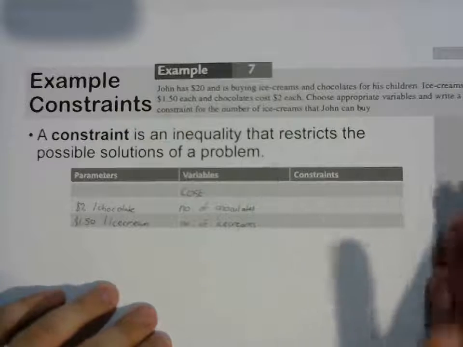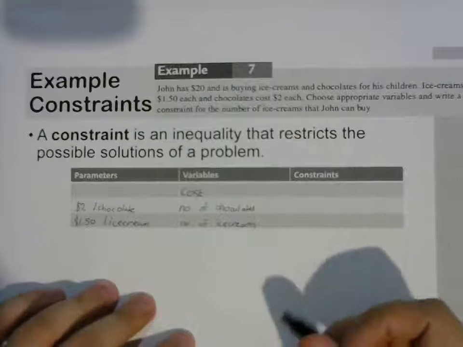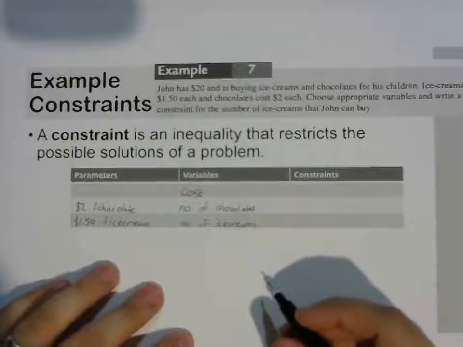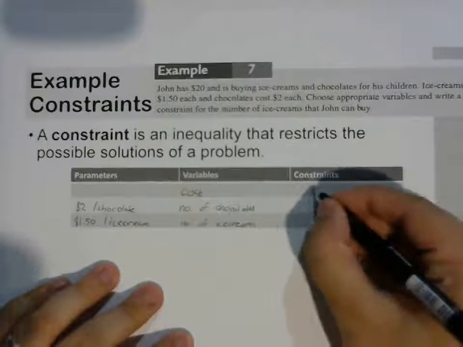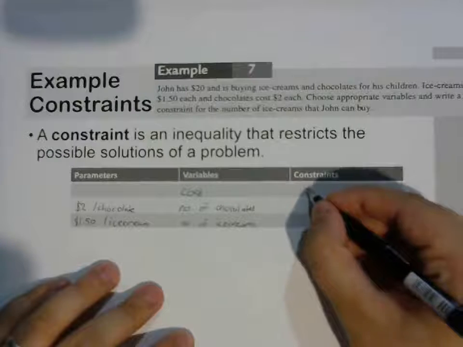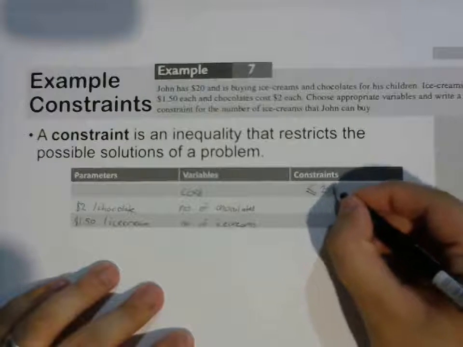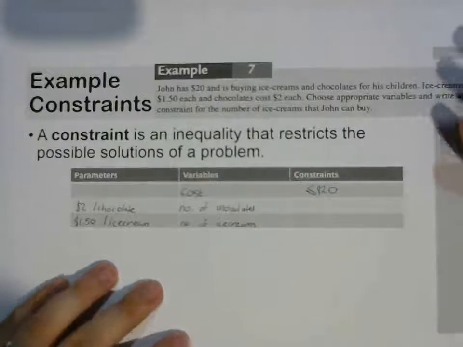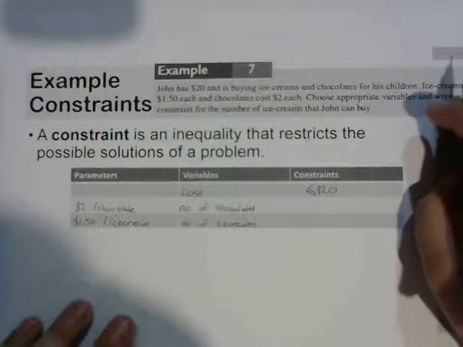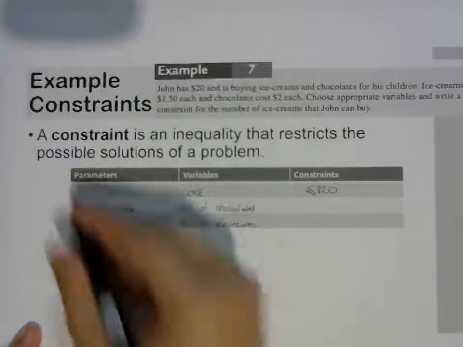It's going to restrict the possible solutions of our problem. So we know that the cost has to be either less than or equal to 20. Because if John goes over that, he doesn't have enough money. So that's step one.